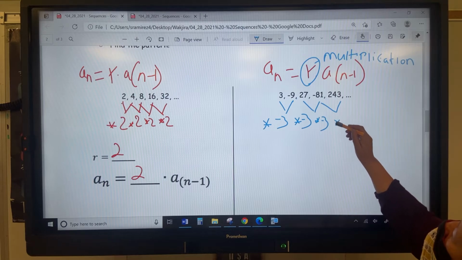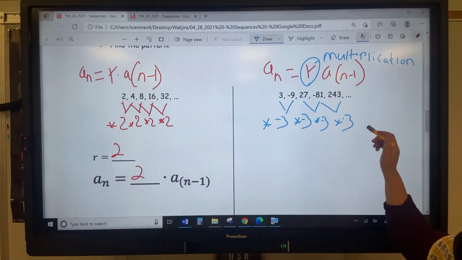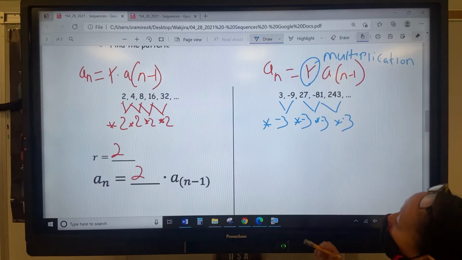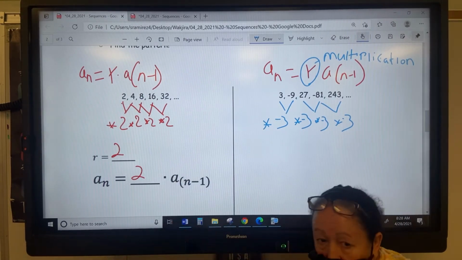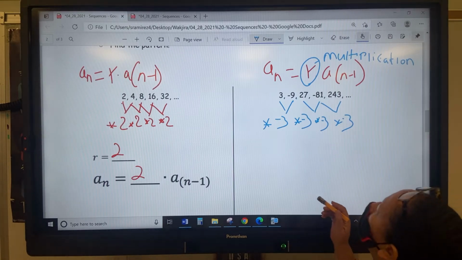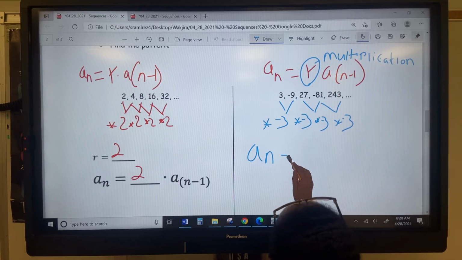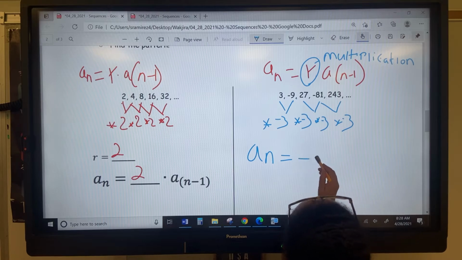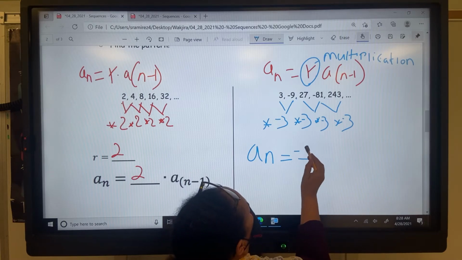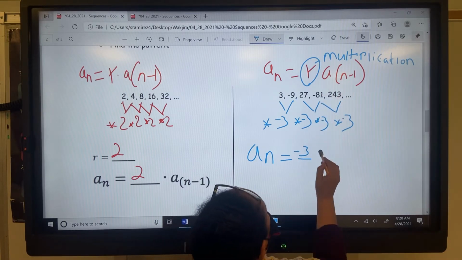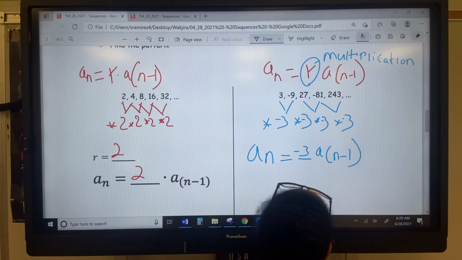Still going to be negative 3. So now we have our R that is negative 3. So we have to insert it in the formula. Our R is negative 3, then A sub n minus 1. So that is the formula.